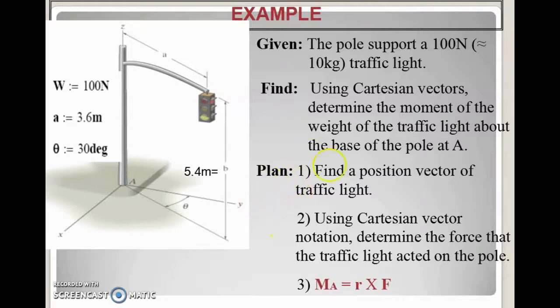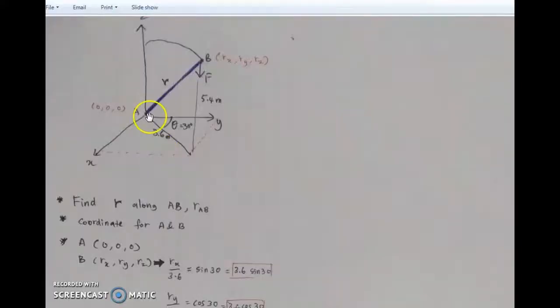The steps to solve this question: first, find a position vector of the traffic light, and then using the Cartesian vector notation, determine the force that the traffic light acted on the pole. Okay, the position vector means the R. The R is the line of action of this moment. Okay, this is the R, I draw it for you.